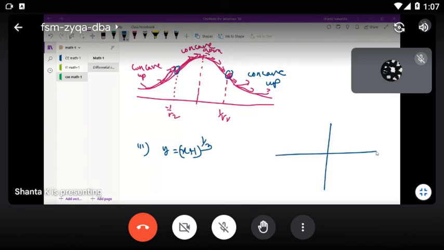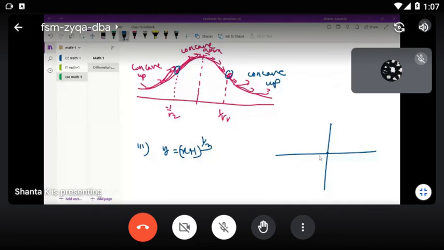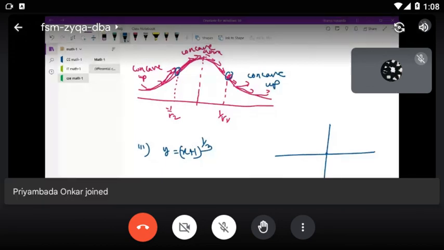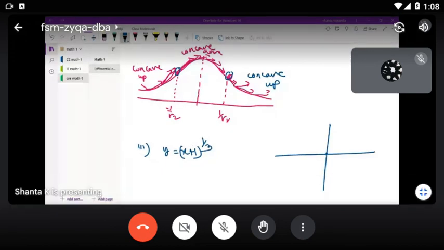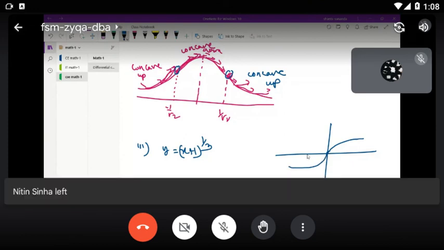So the graph you're saying here, it will be at -1, not 0.